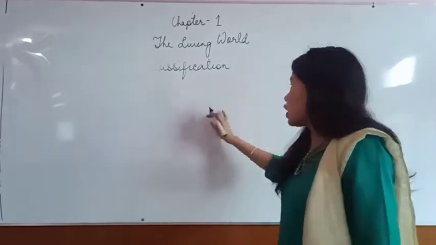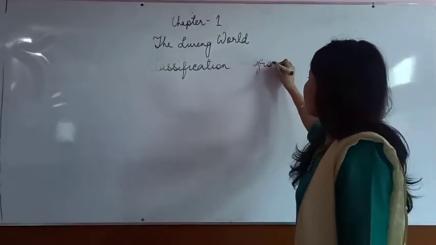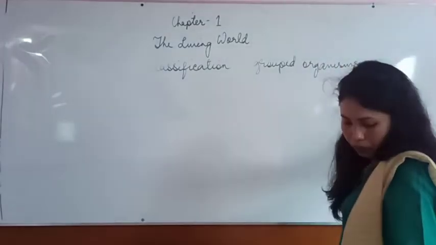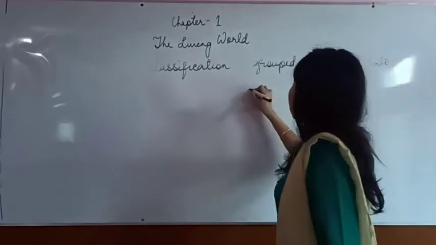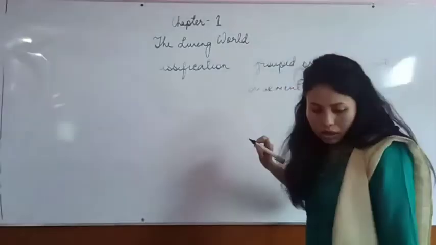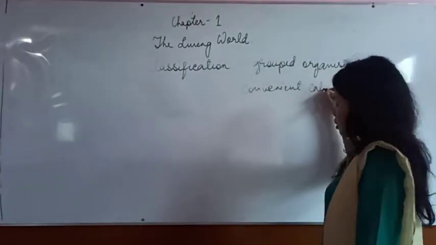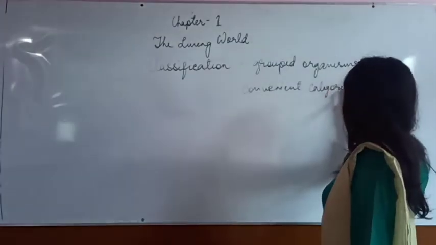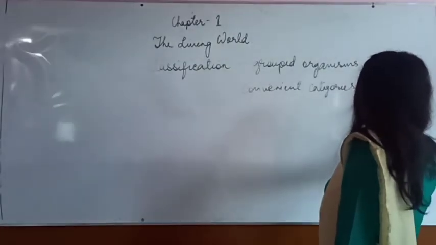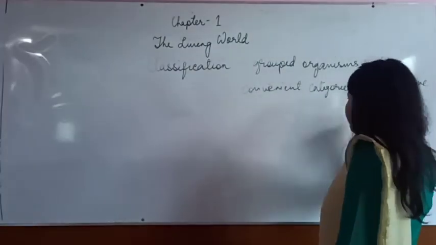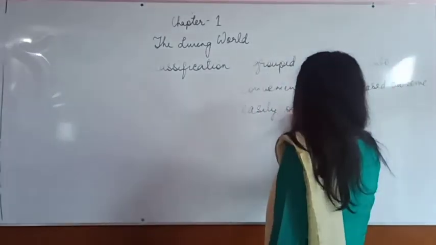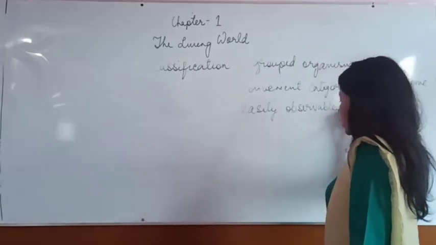Classification is a process where we group organisms into convenient categories based on some easily observable characters.